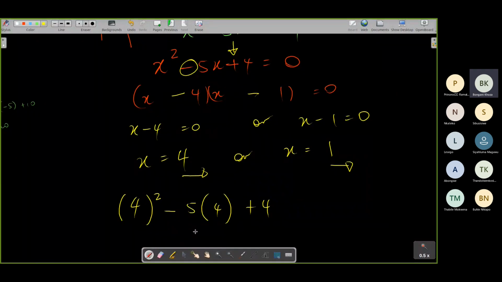And then you check if this is going to give you a 0. If it does, then this is a solution. You do the same for here. You plug in your 1 inside the bracket, and then you check if it's going to be a 0. If it's a 0, then that's another solution. That means you are winning so far. Any questions?